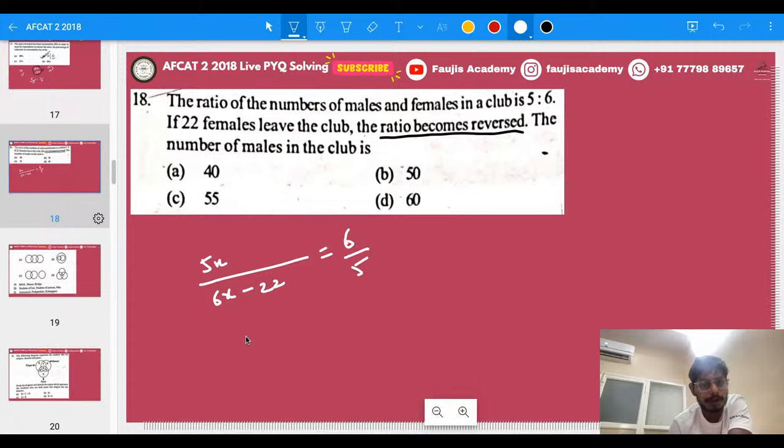So 25x is equal to 36x minus 132, right? Which means 132 divided by 11. That means x is equal to 12, right? Number of males they have asked.